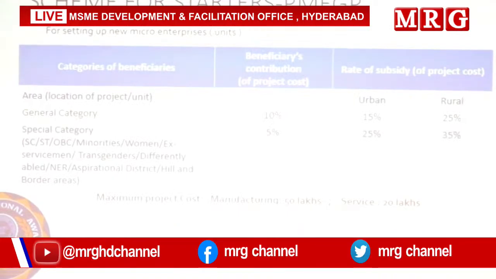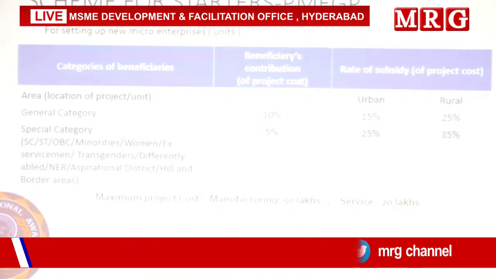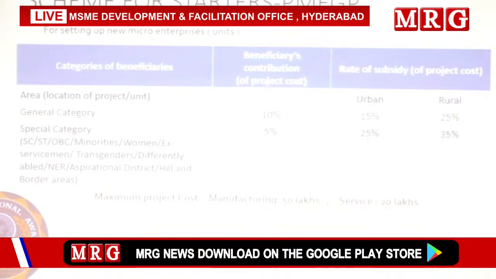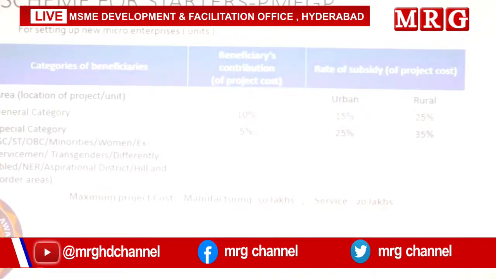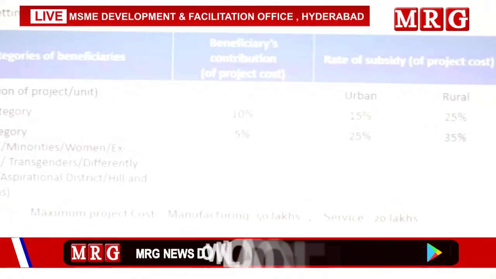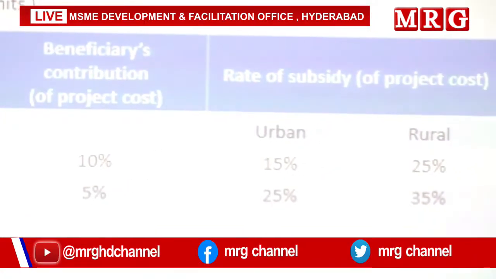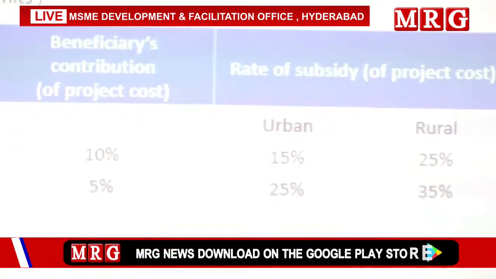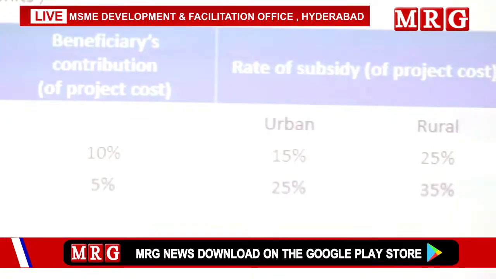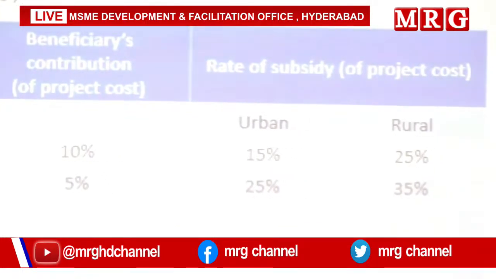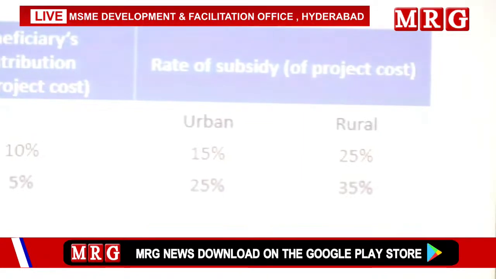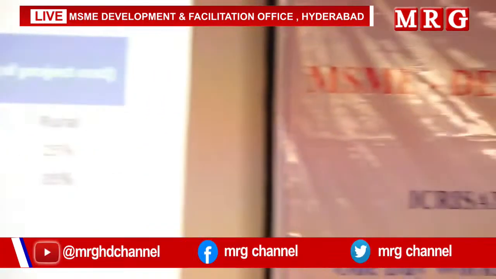Special category only 5%. So only 50,000, not 1 lakh. And see, there is another additional subsidy. If you are putting up in an urban area, 15% subsidy for general category, 25% for special category, but in a rural area you get an additional 10% because you are creating employment. So this is the scheme.